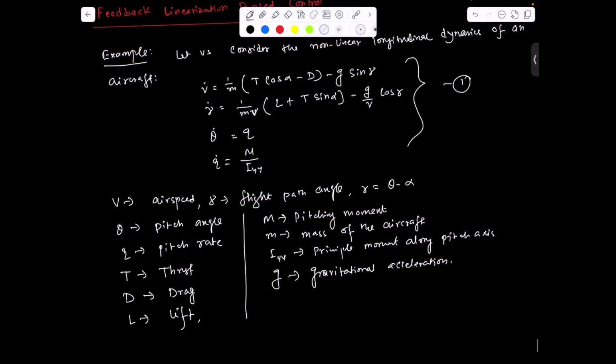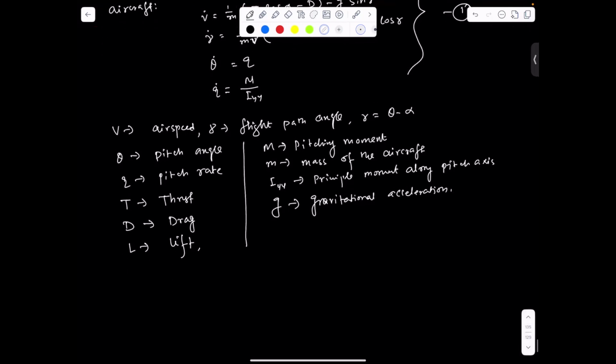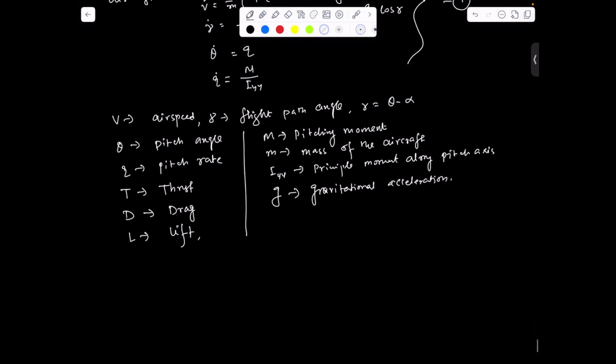And we are going to design control, which is going to help to propagate the state variables, which are V, gamma, theta, Q. So here we are going to control multiple states at a time for this system.